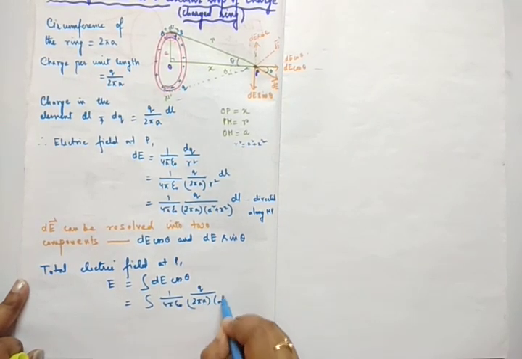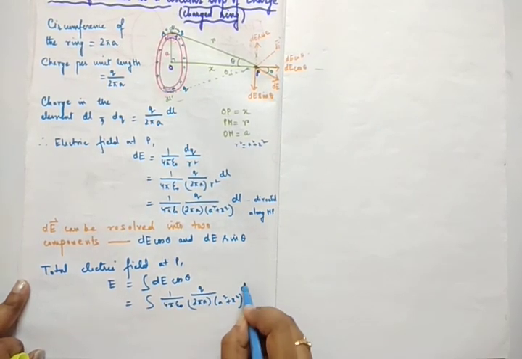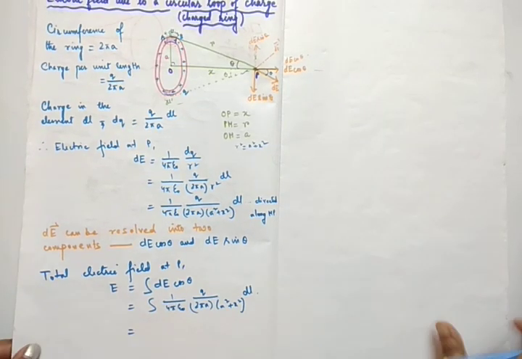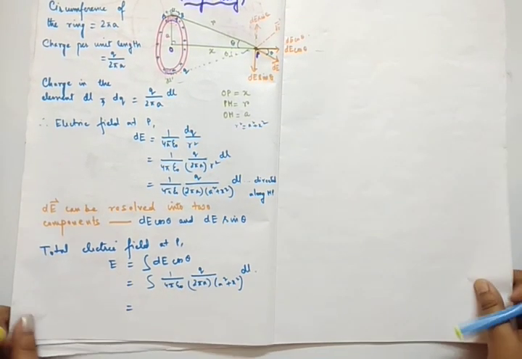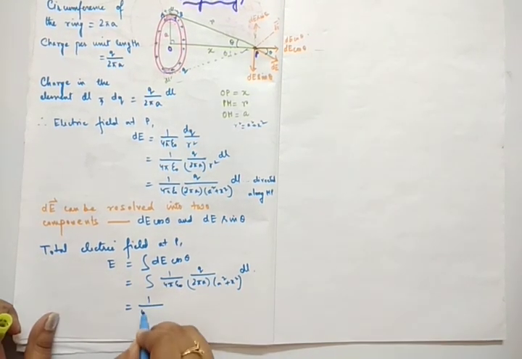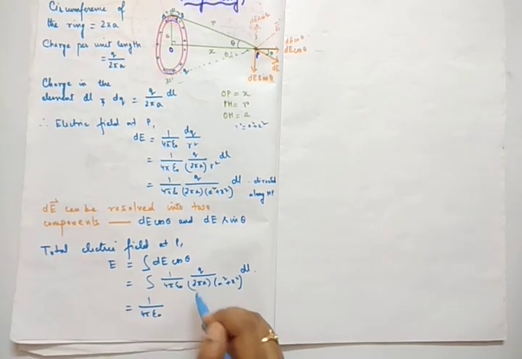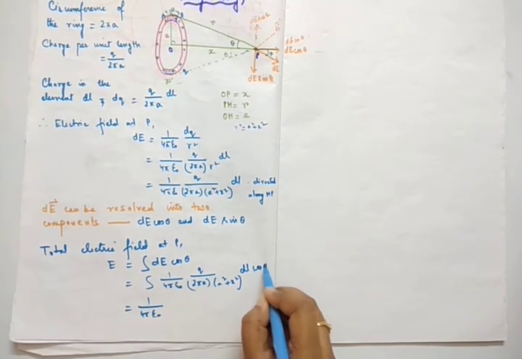That is, 1 by 4 pi epsilon naught, Q by 2 pi a, into 1 by a square plus x square, dl. So we know that the constant parts will come out. Oh sorry, we missed the cos theta.